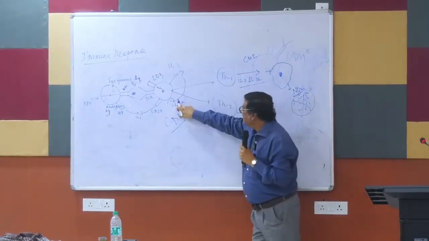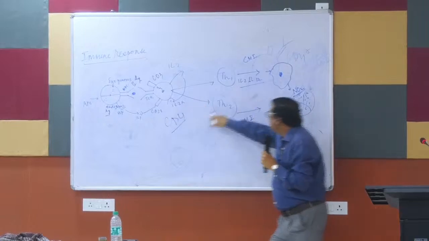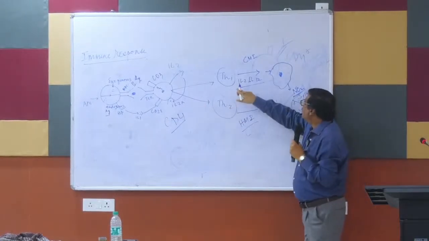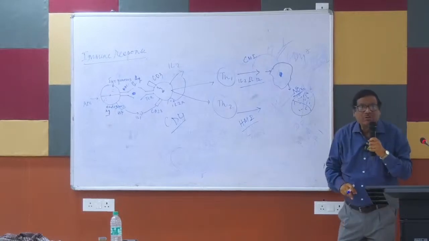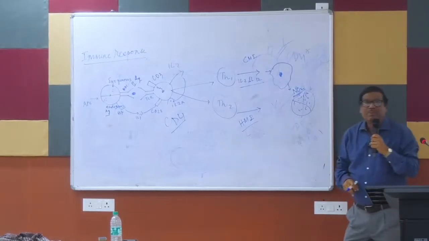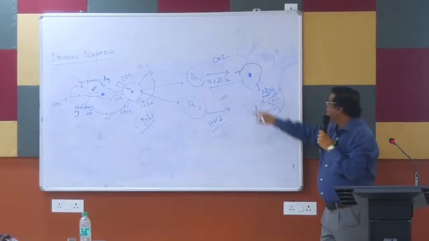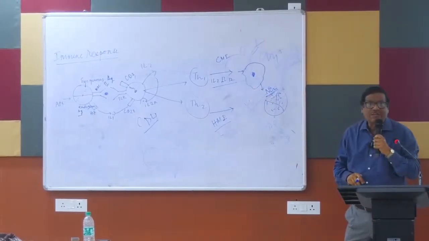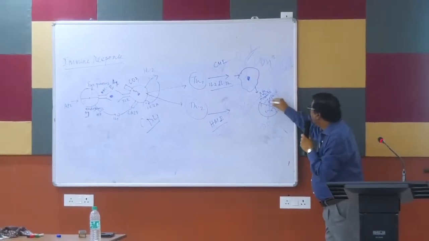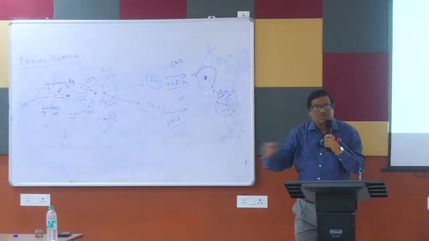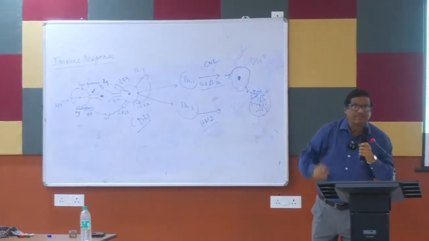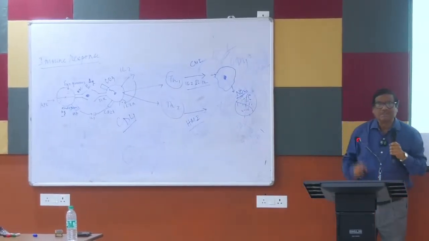It activates the Th0 cell or CD4 cell, and now the CD4 cell is clonally proliferated to Th1 and Th2. The Th1, under the influence of interleukin 2 and interleukin 12, signals the macrophage cell, and the macrophage cell secretes nitrous oxide like substances, toxic materials, and the intracellular materials within the cell are destroyed, or lysis of the cell. This procedure is cell mediated immunity. Is it clear?